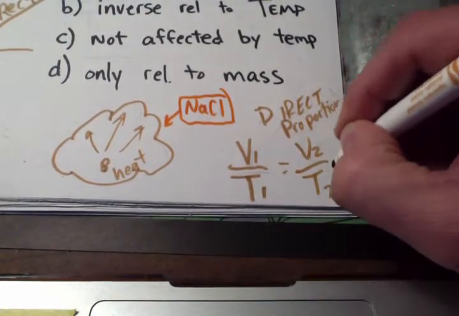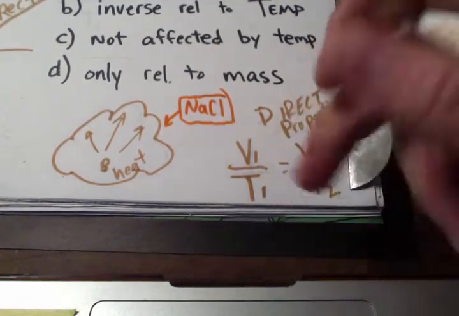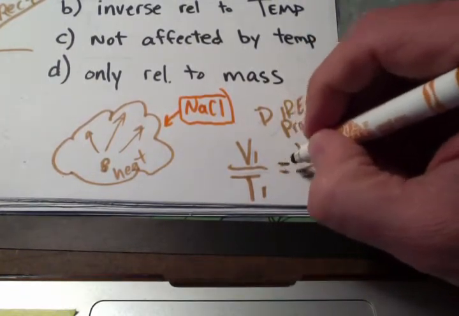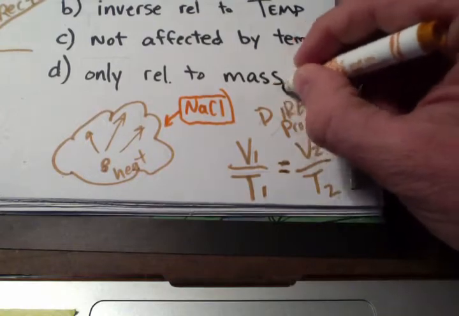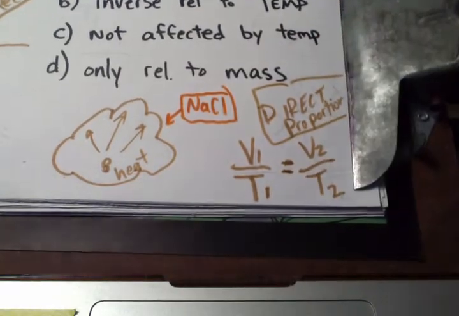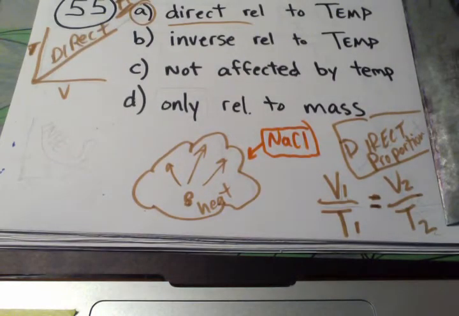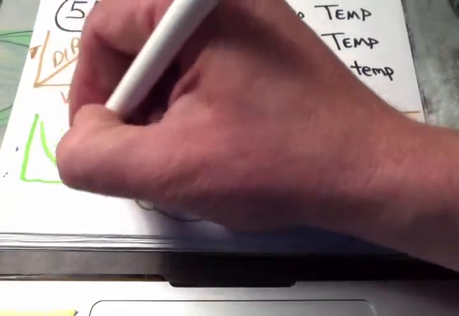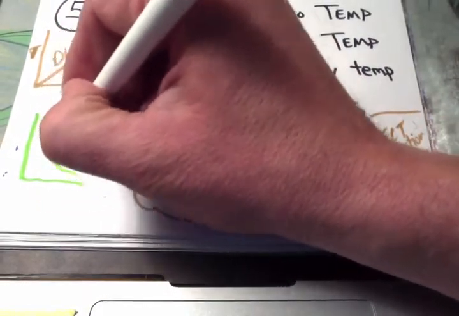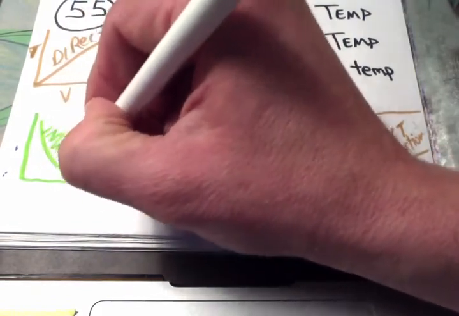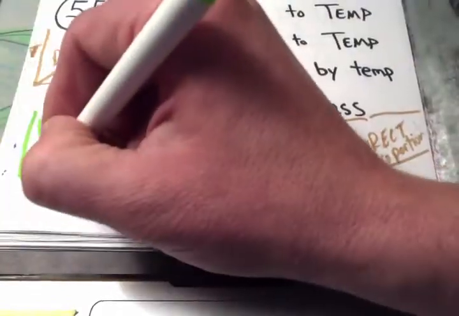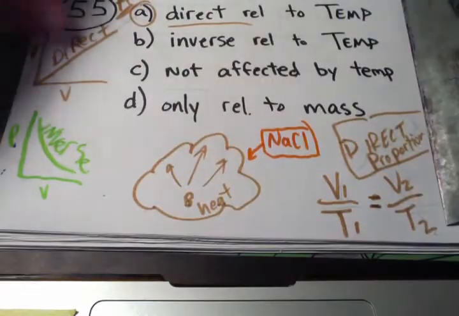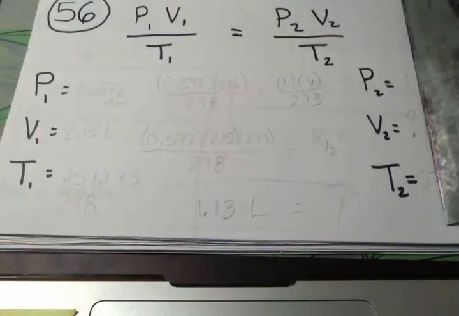So if you can set up a proportion between volume and temperature and it stays equal, that is a direct proportion. Please remember, a direct proportion is not the same as an inverse. That would be more like volume and pressure. All right, popcorn.